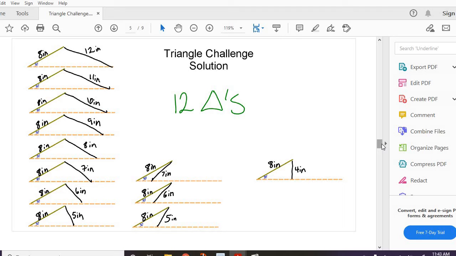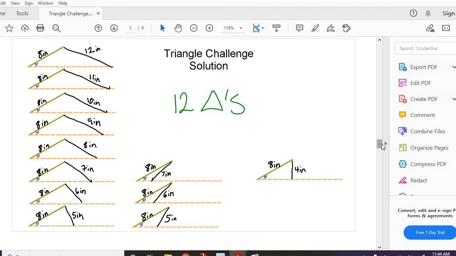Notice that I can put my side in such a way that my top angle is obtuse, and it's going to create a triangle. But I can also put it in such a way that my top angle is acute, and I will create a second triangle. The same is going to be true for 6 and for 5.